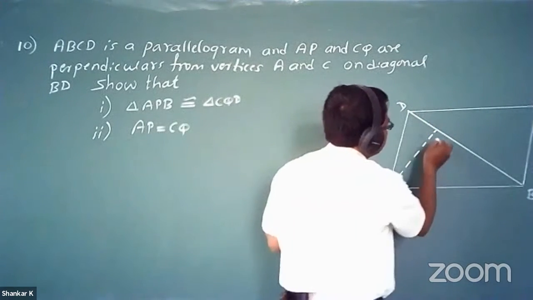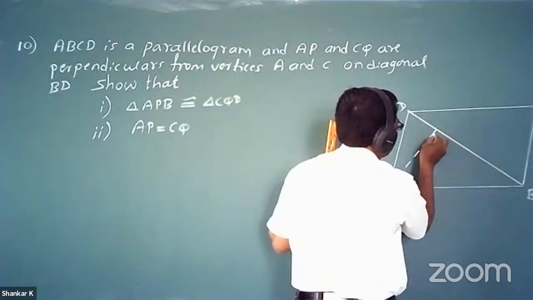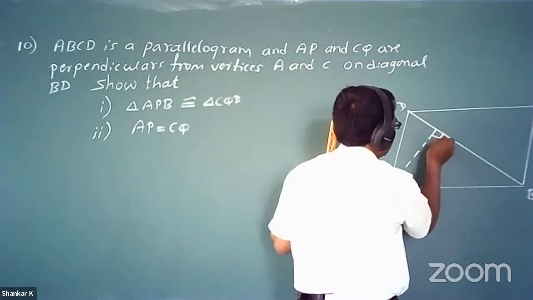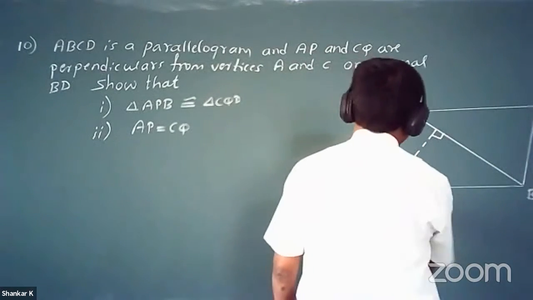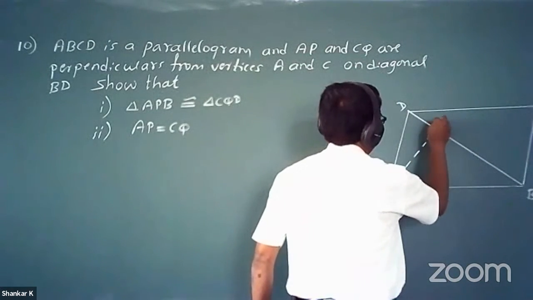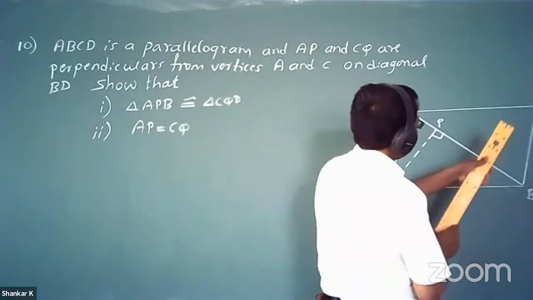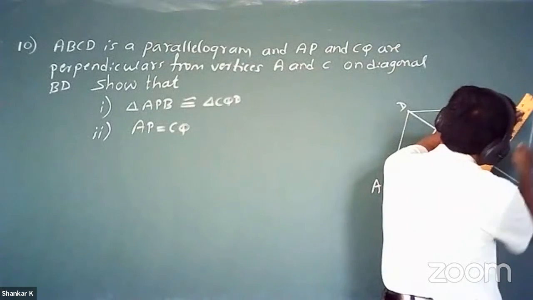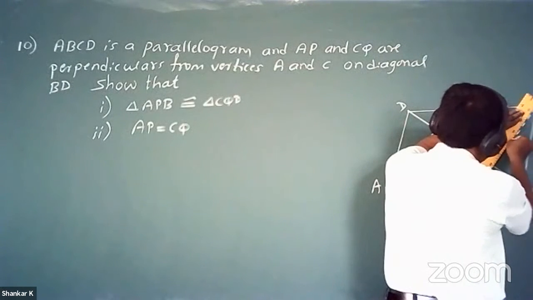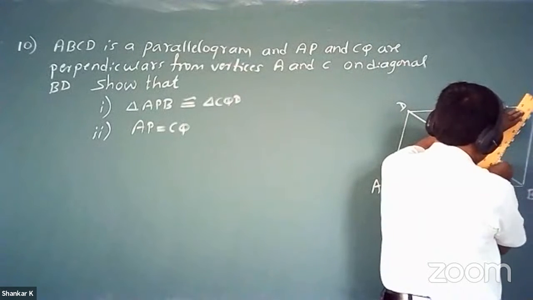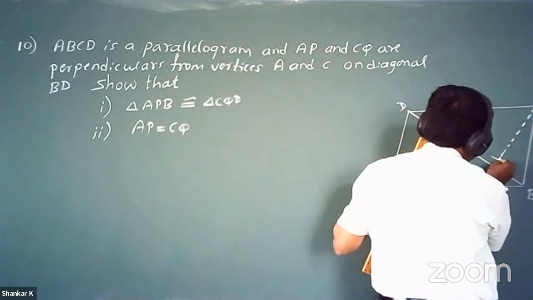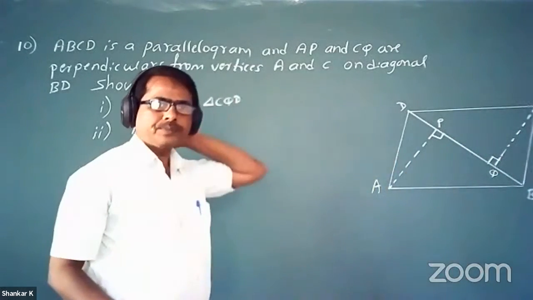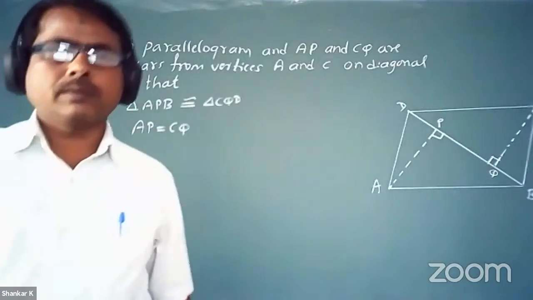This is 90 degrees, perpendicular. This is C. And then from C also one perpendicular is drawn, CQ. This is given.